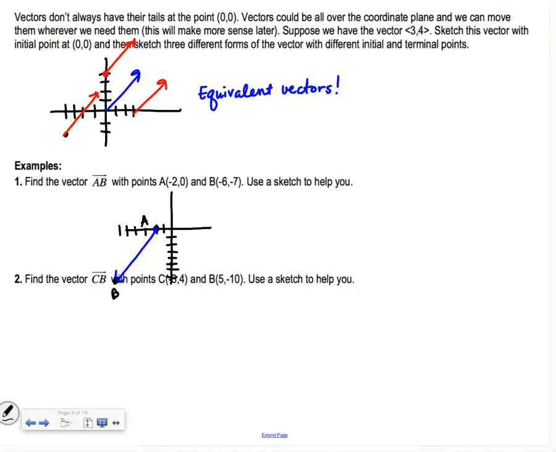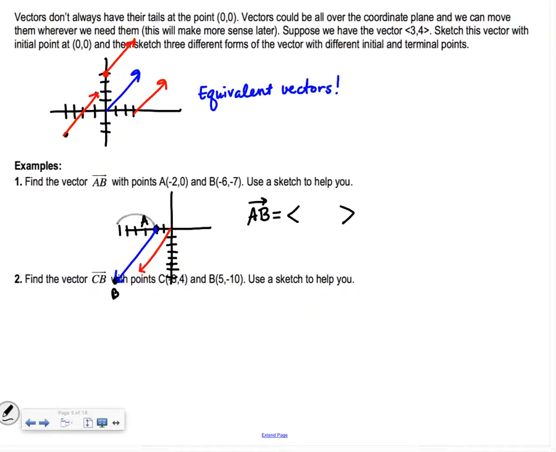Okay, now if I moved that vector over here and had the same length, same direction, it would have a new name. This would be our vector AB. We usually write it in standard form. So where does it end? How much did I go over and how much did I go down?